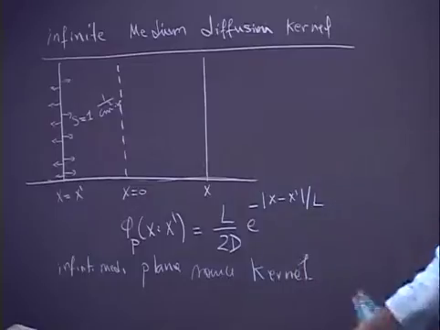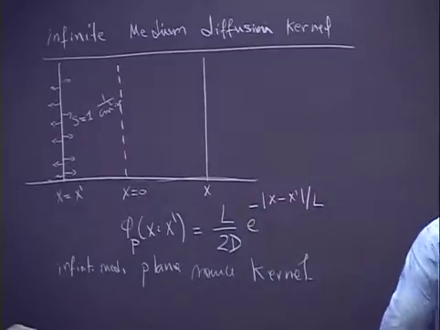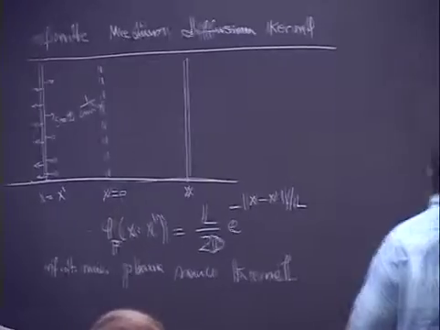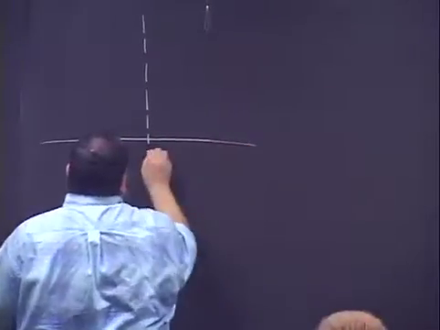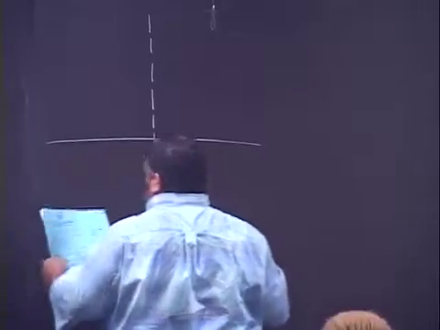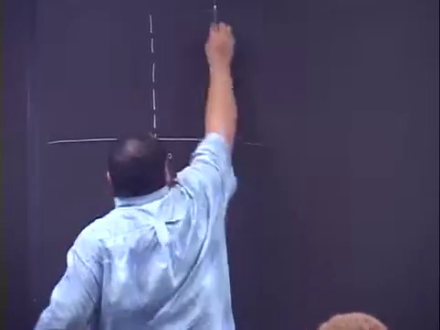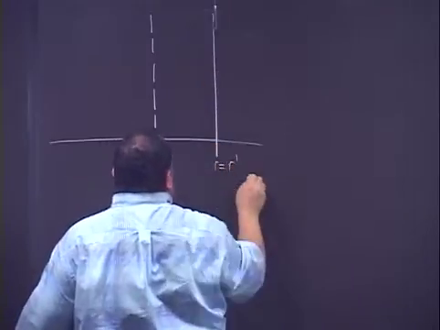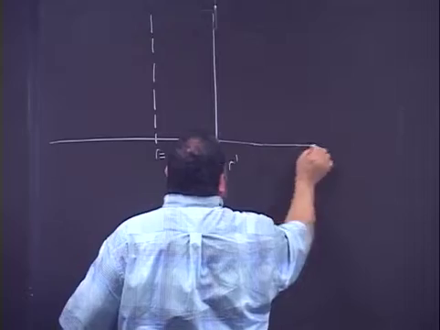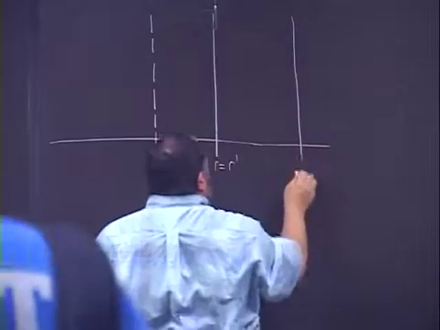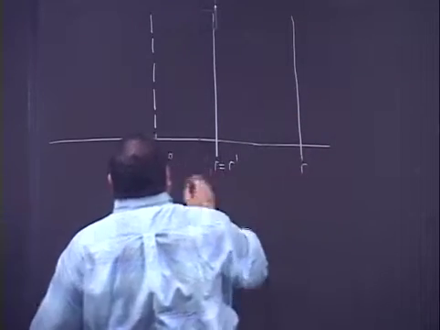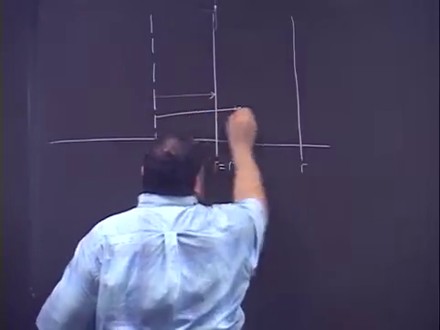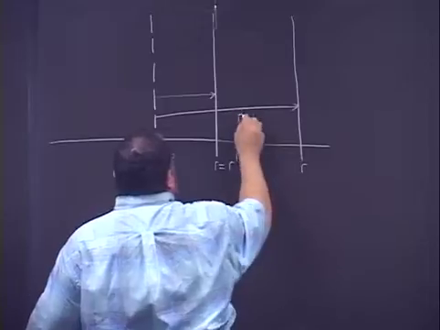Again, for a line source, same thing. Last time the line was situated at r equal to 0. Now we will put our line source at r equal to r prime, and we want to calculate our flux at r. So the source now is at r prime, and the point of measurement at r.